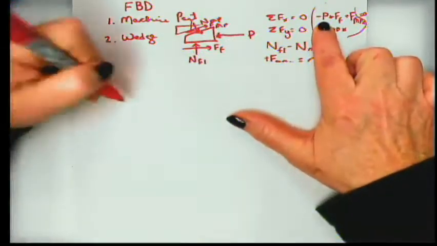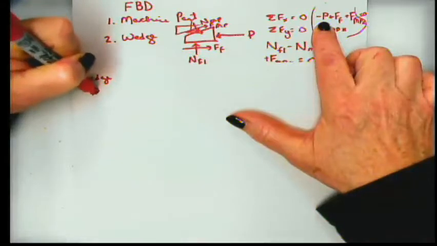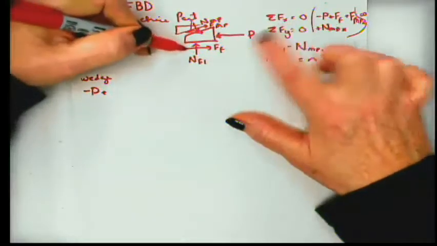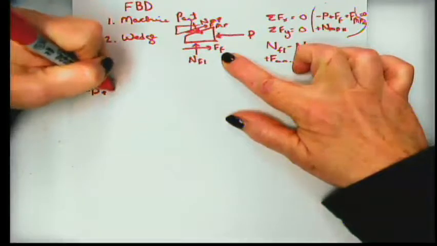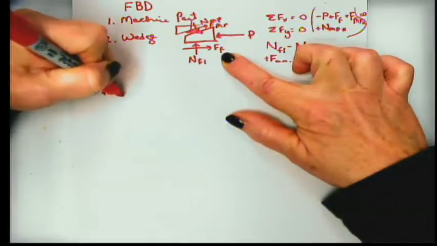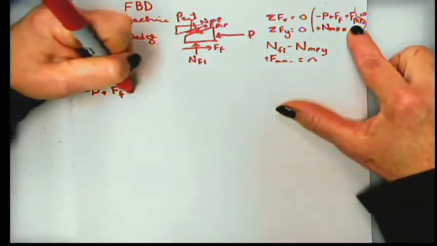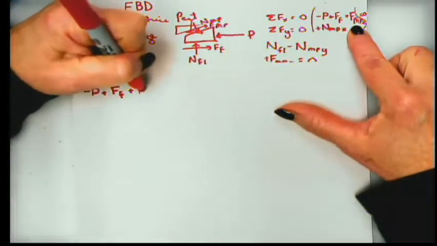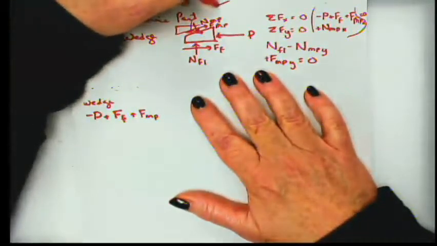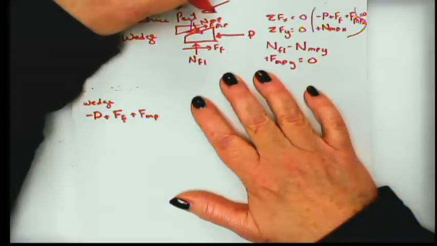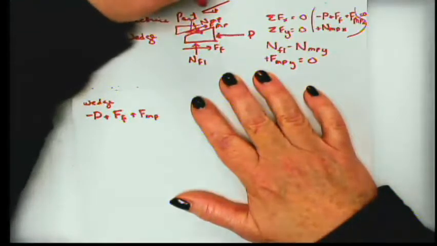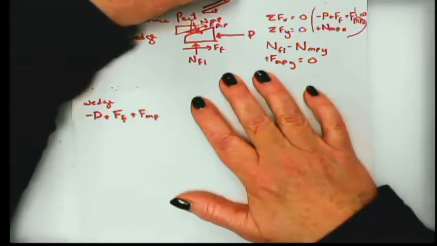I'm just going to make these equations more usable. I have negative P plus the force of friction on the floor plus the force of friction on the machine part in the x direction. Well, let's think about what that is. This is 10 degrees. This is the entire force of friction from the machine part.